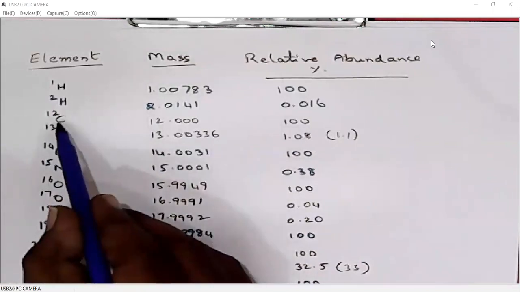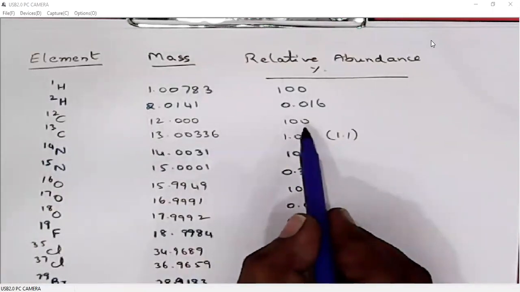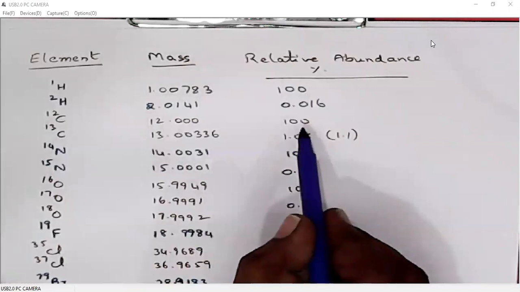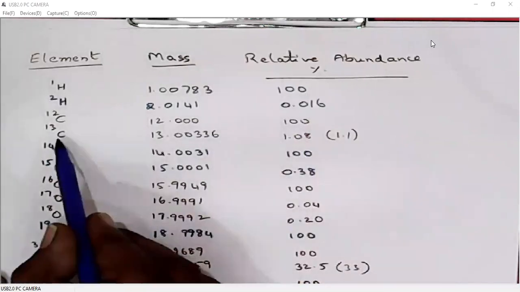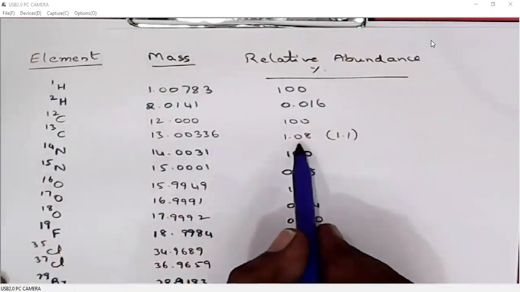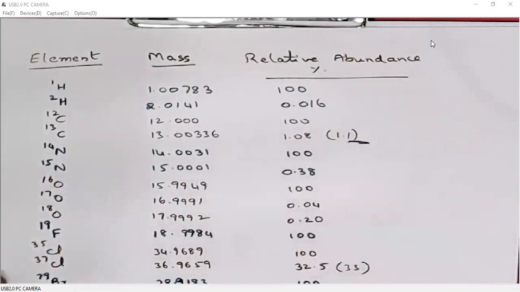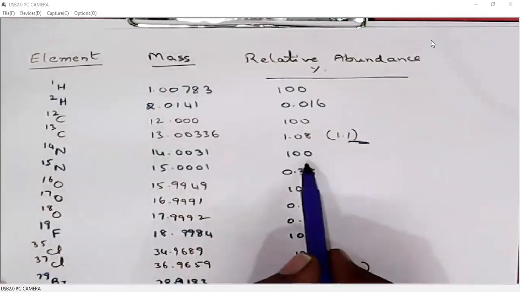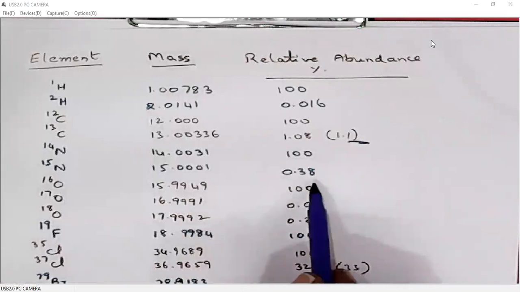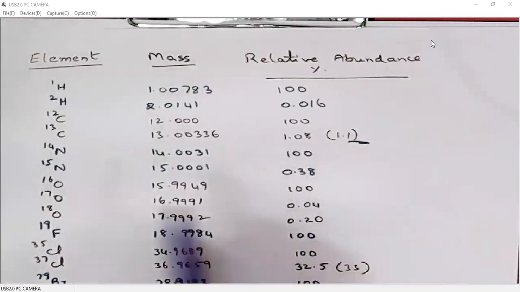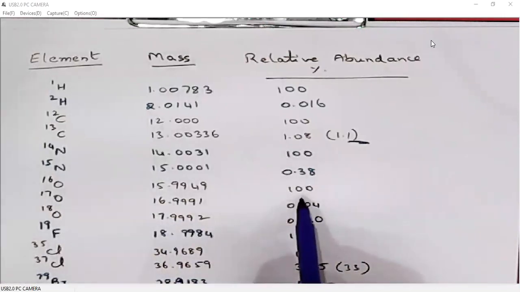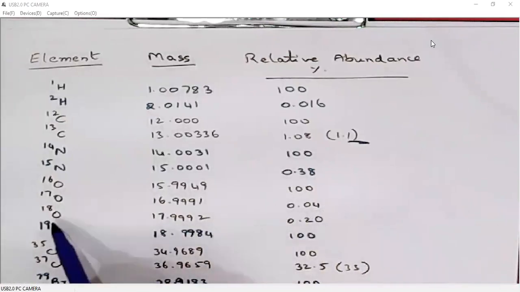For example, carbon 12 is available 100% in nature, whereas its isotope carbon 13 is available only 1.08%, or we can generalize it to 1.1%. Similarly, nitrogen 14 is 100% available, nitrogen 15 is 0.38%. Oxygen 16 is 100% available, whereas oxygen 17 is 0.04% and oxygen 18 is 0.2% available.